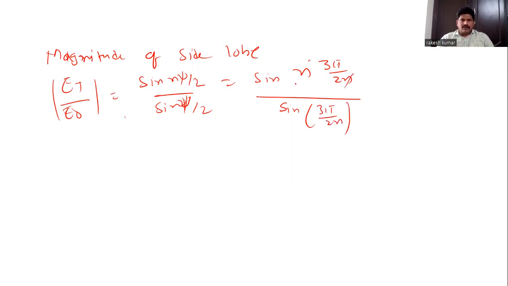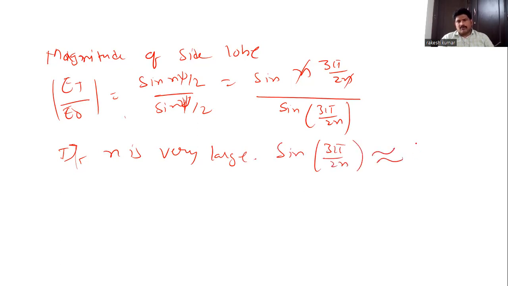The n will get cancelled. If n is very large, we can take sin(3 pi by 2n) as approximately equal to 3 pi by 2n.